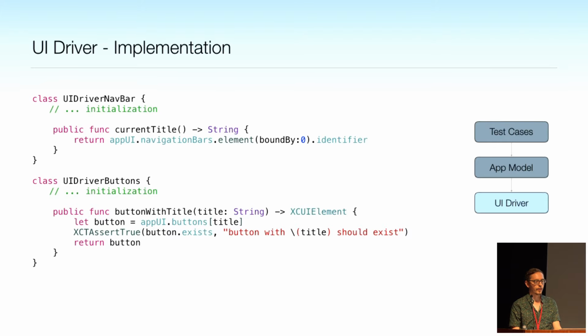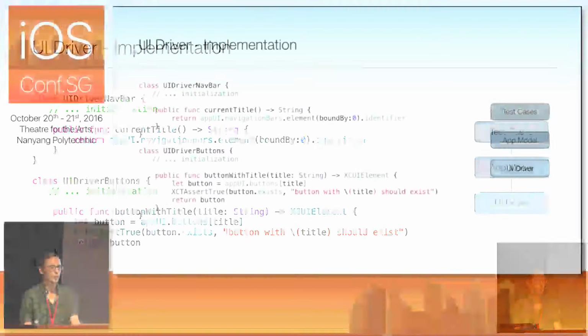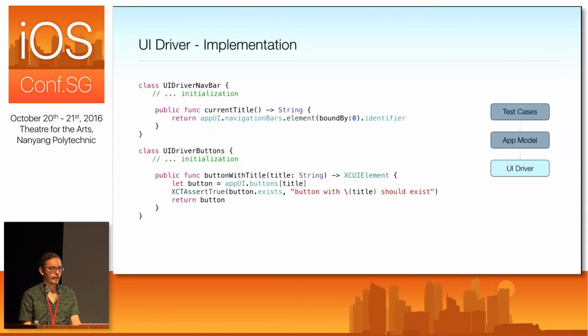So all navbars provide a service for you to get the current title. And this has the messy code of interacting with XCUITests, getting the top navbar, getting its identifier, and returning it as a string. Now, in the second example of getting a button by title, this is where I actually try to fail fast. XCUITests has this little property where if you get a button with a specific title, it gives you back a query object.